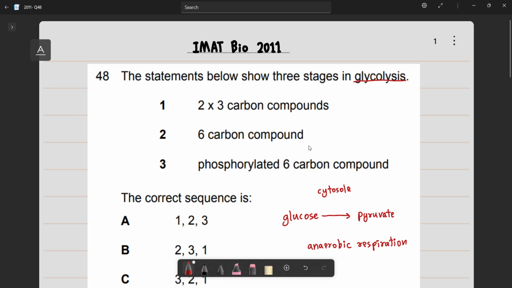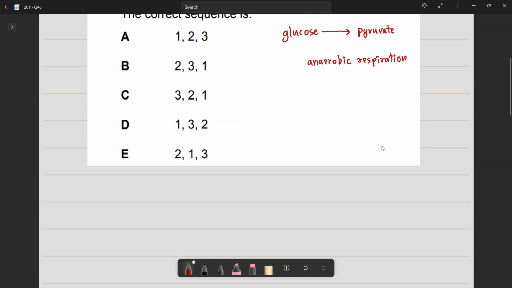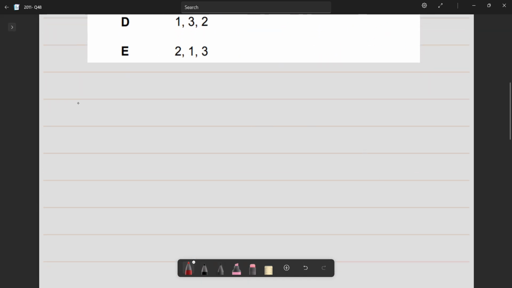These are the steps in glycolysis, and we must write them in the correct order. So first of all, I'm going to construct the basic word equation for glycolysis.